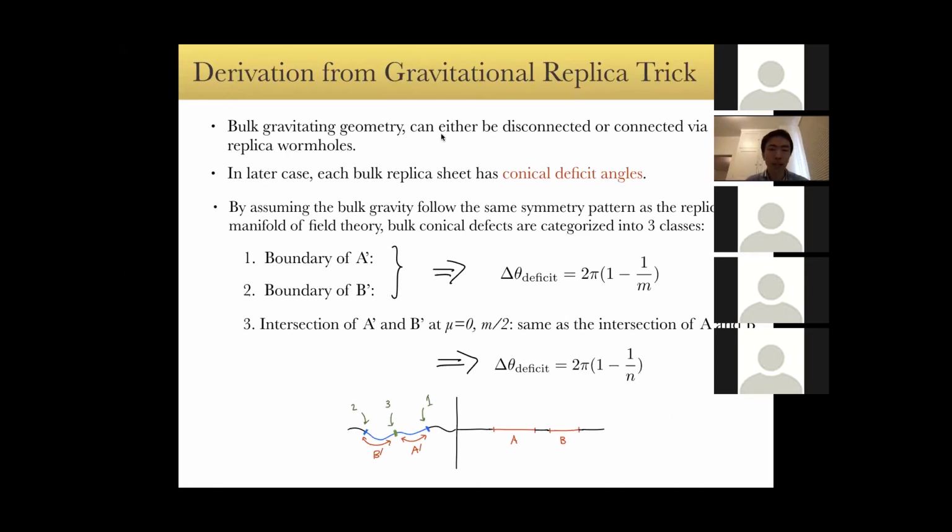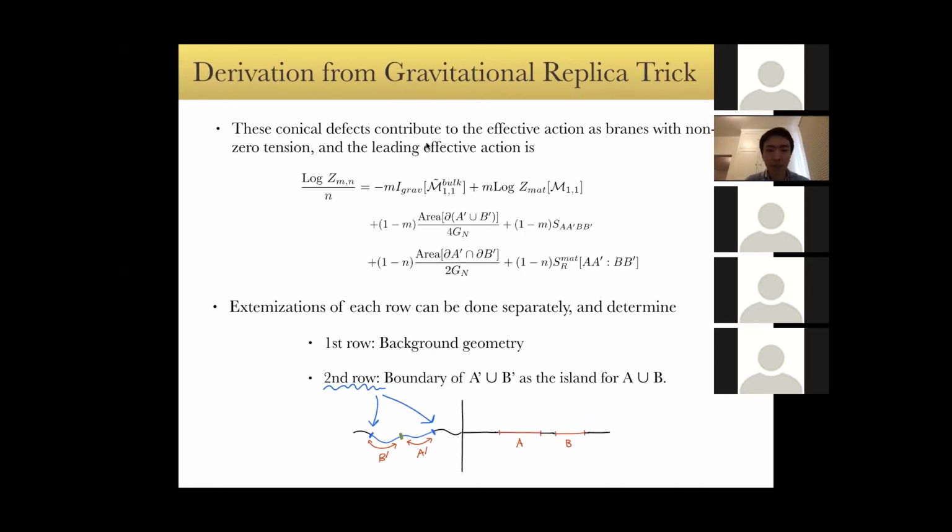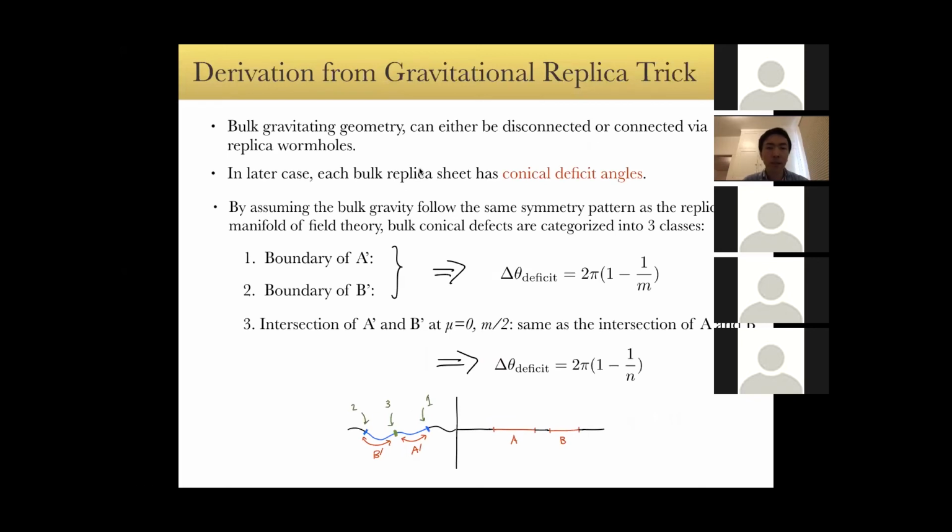So as in the island formula case, the geometry in the bulk could be connected or disconnected. And in the latter case, what happens is that in each bulk replica sheet there are conical deficit angles. And in the end, these conical deficit angles can be categorized into 3 cases.